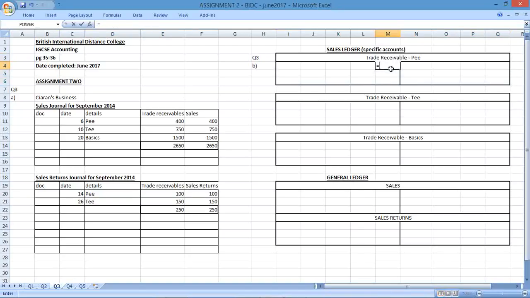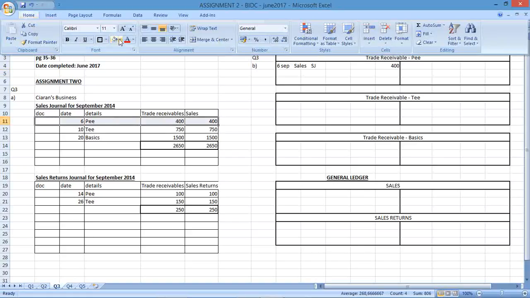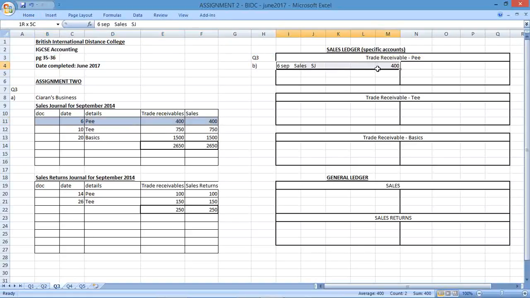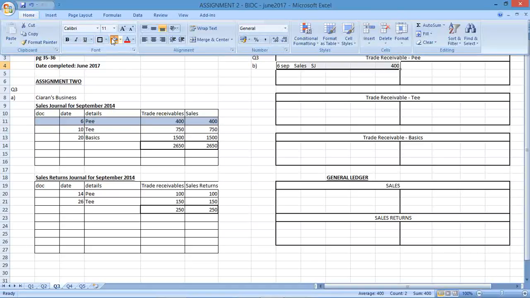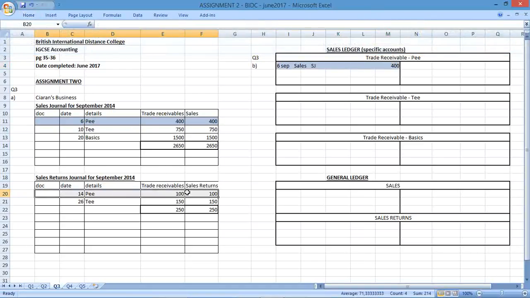So the sale would get pulled through to the debit side of that account. And this took place on the 6th of September. From the sales journal. Then we have a return. So there's the sale for P, and there's the return for P.